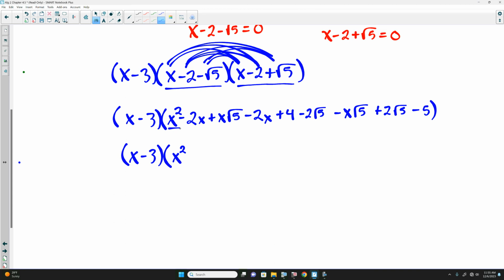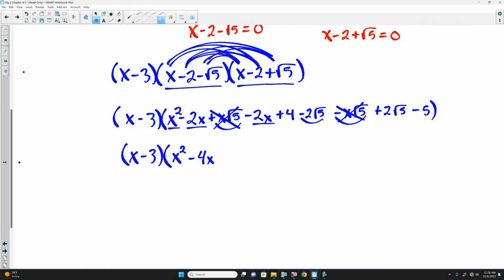x squared, there's only one of them. Negative 2x and negative 2x give us negative 4x. Now, you might be saying there are other x terms, but the x square root of 5 is not the same because of the square root of 5. But positive x square root of 5, negative x square root of 5, they become 0 because they're opposites of each other.